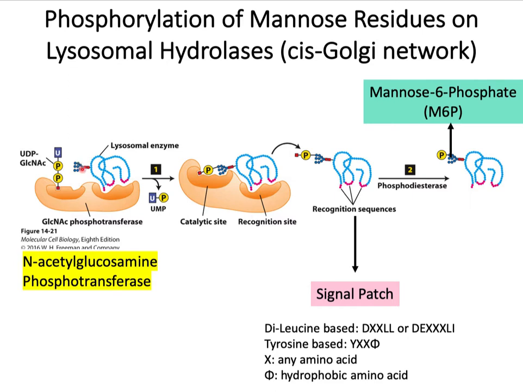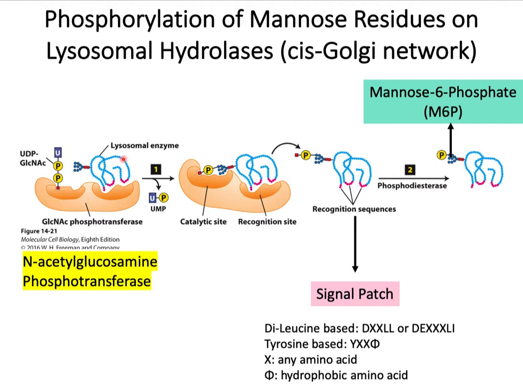The reason this modification happens on the lysosomal hydrolases and not on other proteins that are synthesized and processed through the secretory pathway is because all lysosomal hydrolases have what is known as a signal patch, which is a series of protein sequences found throughout the enzyme polypeptide chain, which is bound specifically to the recognition site of the enzyme.